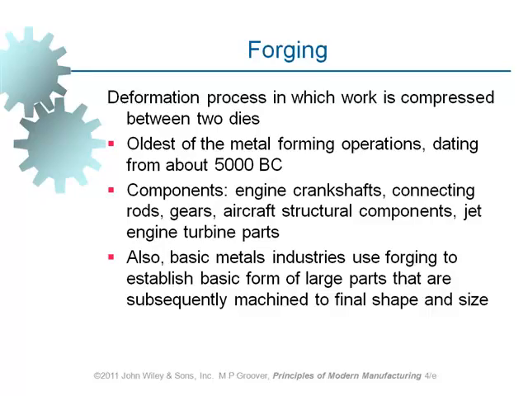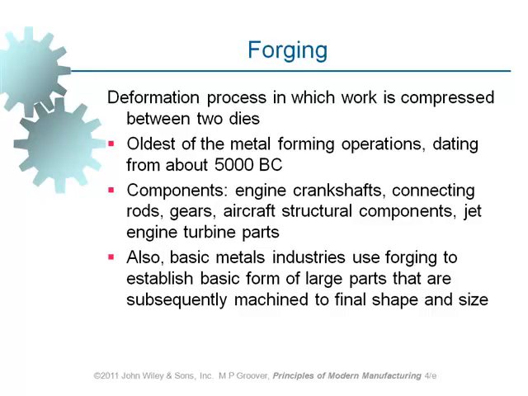The forging process has been known to us as human beings since, in this slide it says, 5000 BC, which is about 7,000 years. But it is even older. There are documents telling us that forging has been known for at least 10,000 years.